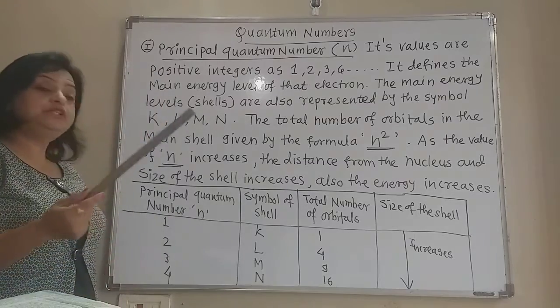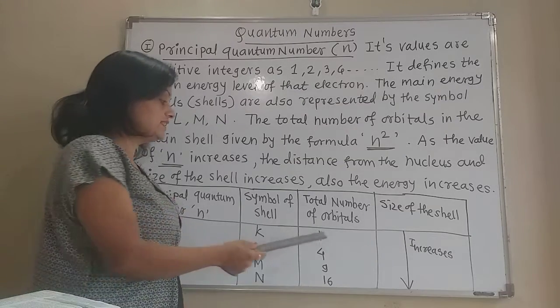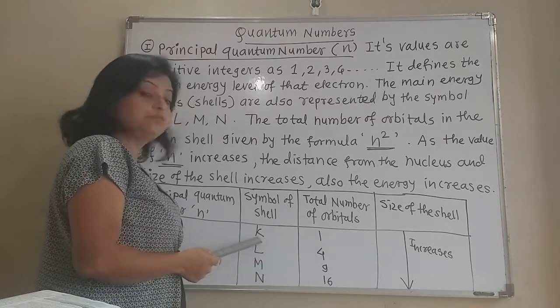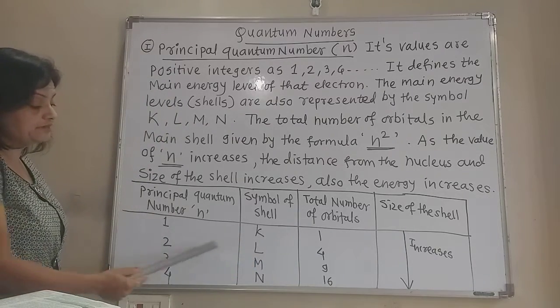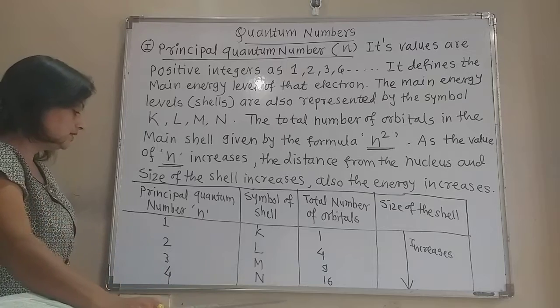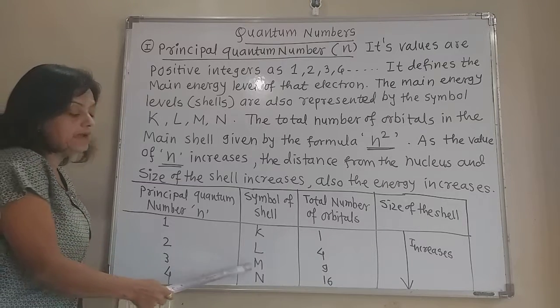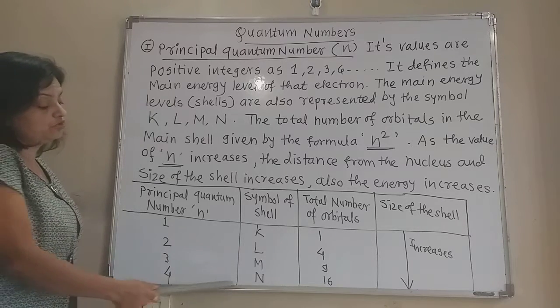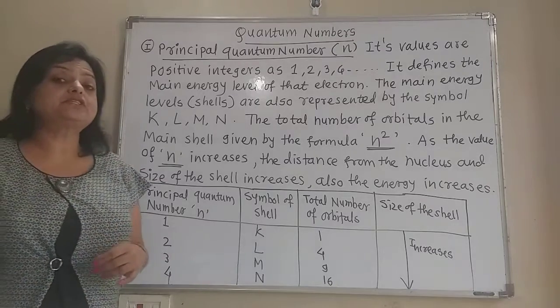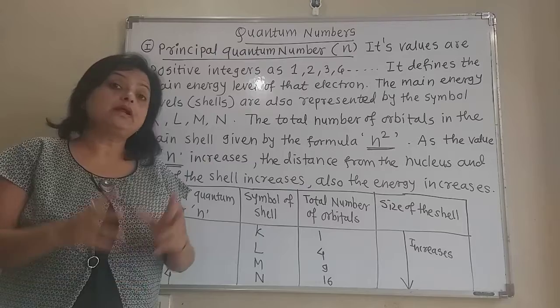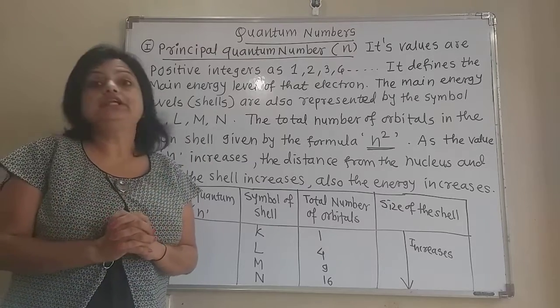That means the first shell corresponds to the symbol K, the second main shell corresponds to the symbol L, the third corresponds to M, and the fourth corresponds to N. These main energy levels are told to us by the principal quantum number of that electron.